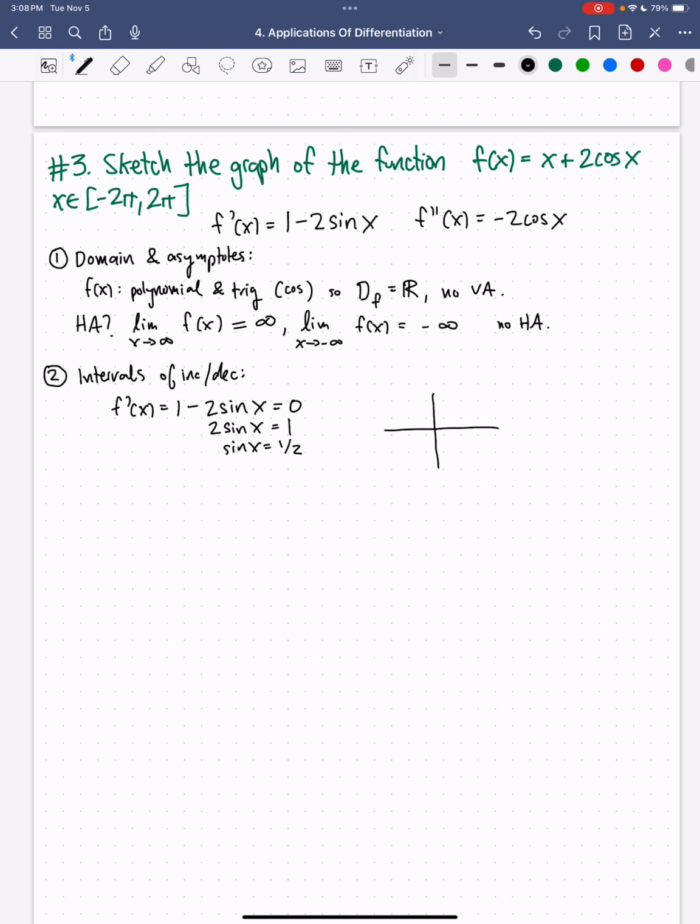This has a lot of solutions, actually, because remember, we're looking at going from negative 2 pi to pi. And so on the unit circle, the angles with a sine value of 1/2 are here and here, so this one would be the one that we would normally just consider as pi over 6. And then this one here is 5 pi over 6.